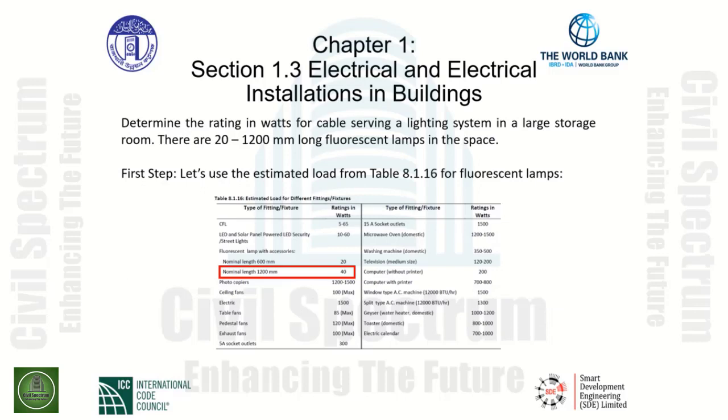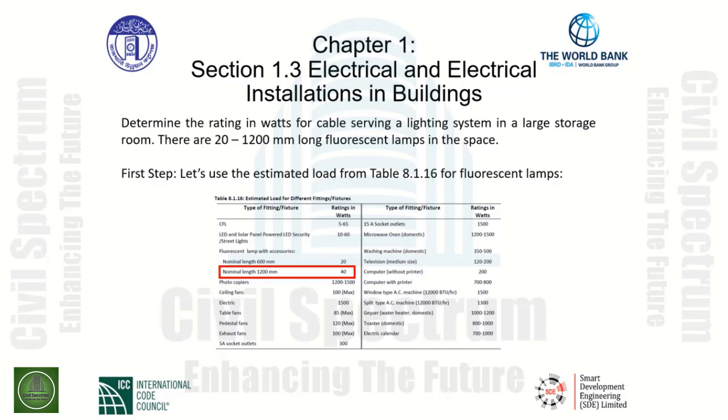As an example, determine the rating in watts for a cable serving a lighting system in a large storage room. There are 20 1,200 millimeter long fluorescent lamps in the space.